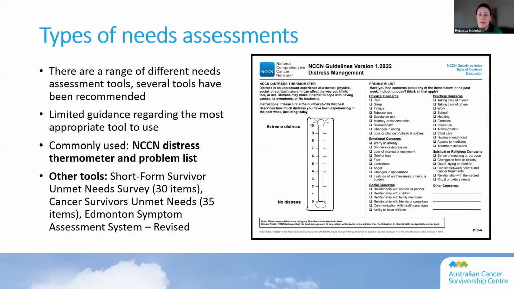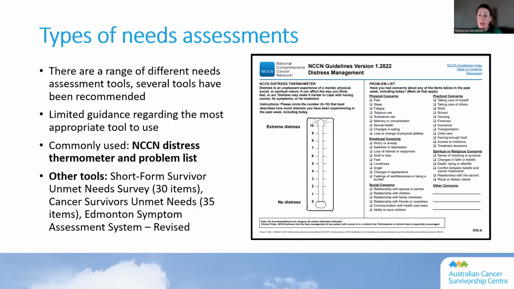Screening is the most successful when it's done often and when referrals are actioned appropriately as a result. A range of patient-reported outcome measures can be used to identify and understand the common issues and needs experienced by survivors of particular cancers. The distress thermometer and problem checklist is the most commonly used tool in survivorship care.